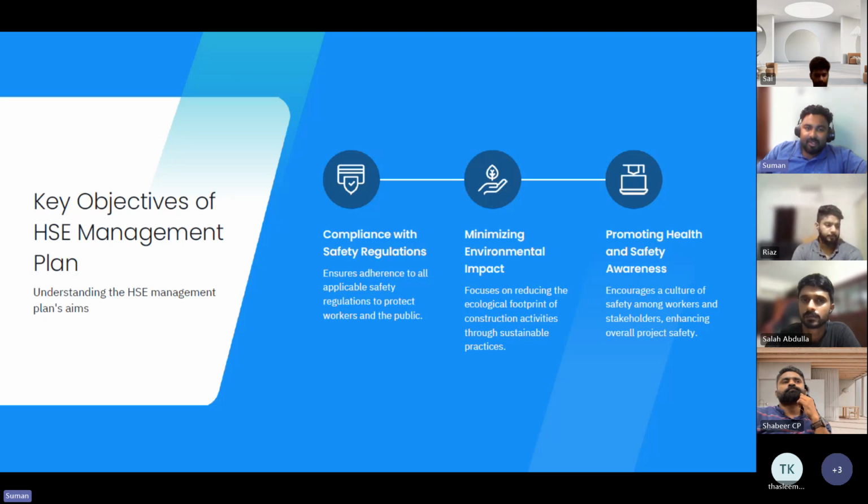One of the reasons is to comply with the local regulatory requirements, the second is to minimize impact, and the third is to promote health and safety and create awareness.